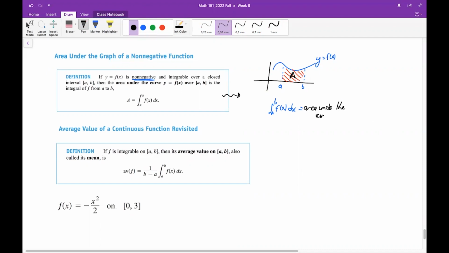Under the curve y equals f of x over the interval ab, so it will be exactly the area.